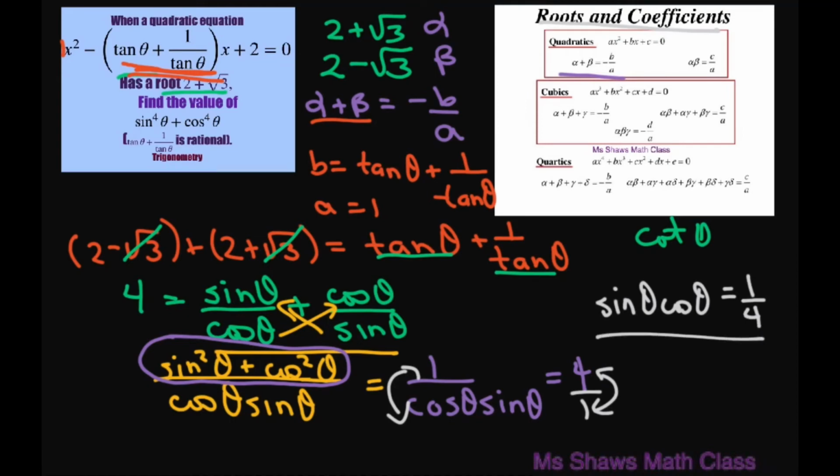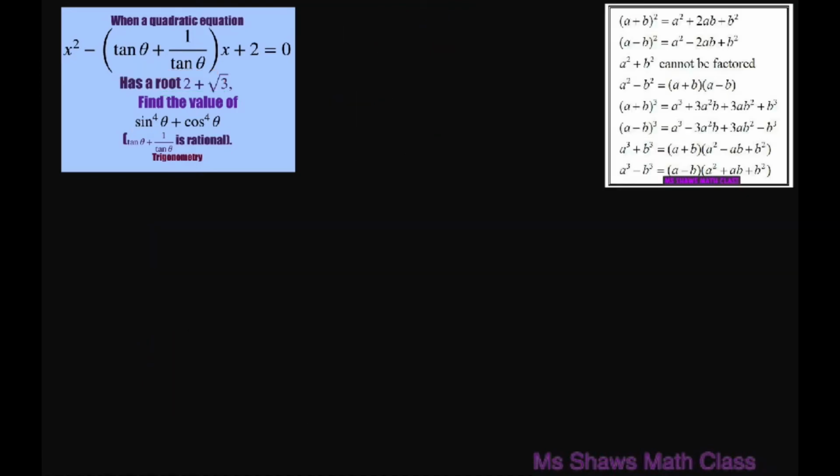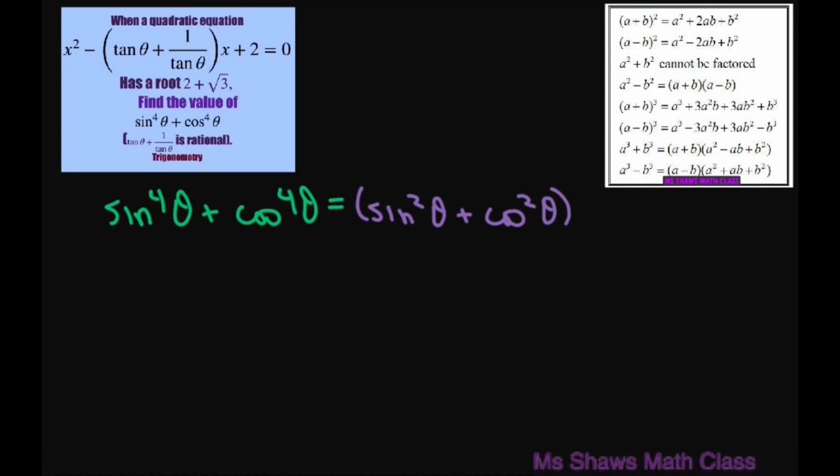All right, now that we have that, let's look at this piece here. So for this piece, we have sine to the power of 4 of theta plus cosine to the power of 4 of theta. Now, basically, we're just using this formula here, the squares. So this one's just going to be equal to sine squared of theta plus cosine squared of theta, squared.